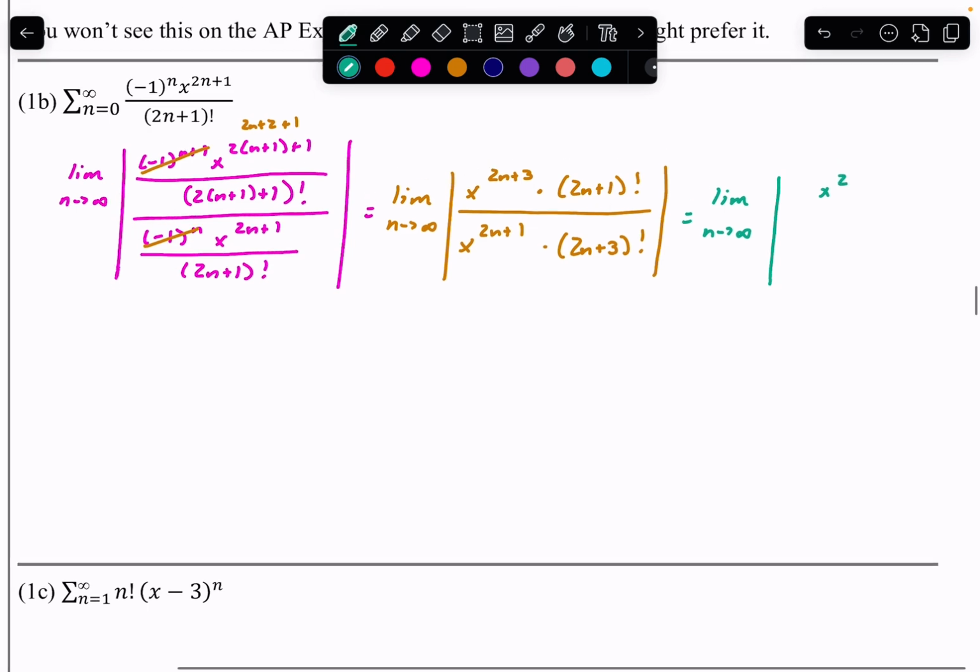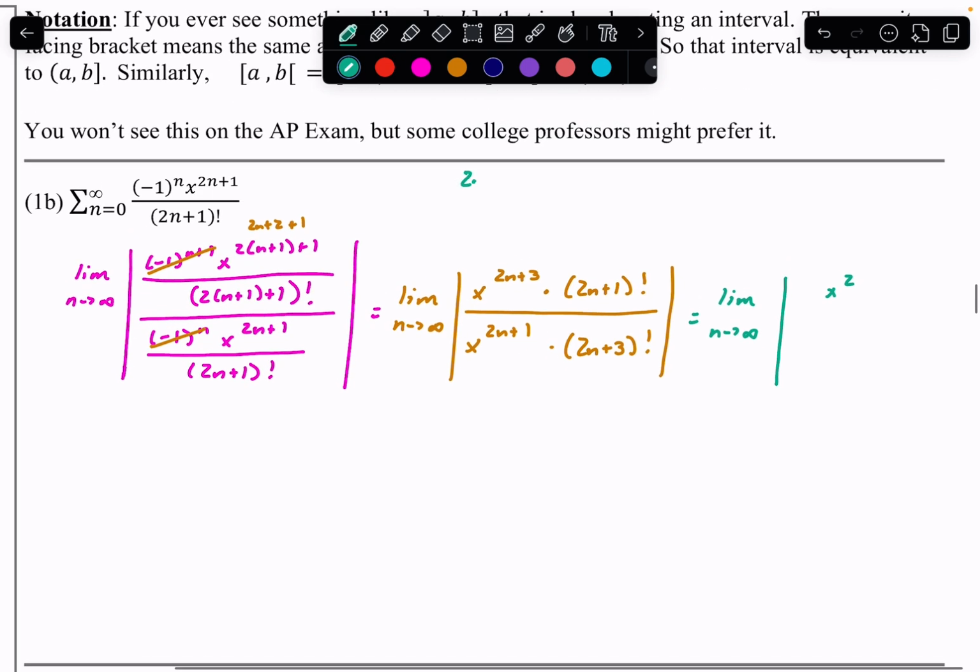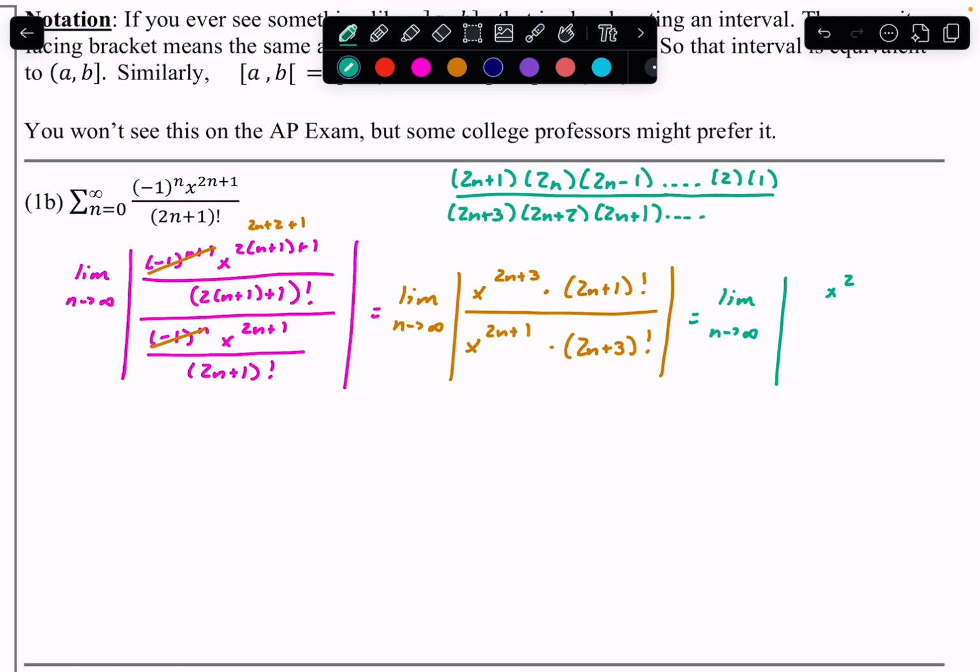And as far as the factorials go, if you need to write these out, you can. You don't have to. That's kind of the beginning of the numerator. And then on the bottom, you'd have 2n plus 3, and then 2n plus 2, and then 2n plus 1, and that would continue to decrease.